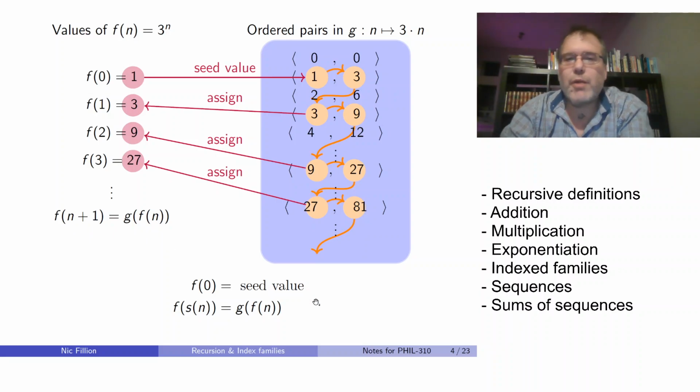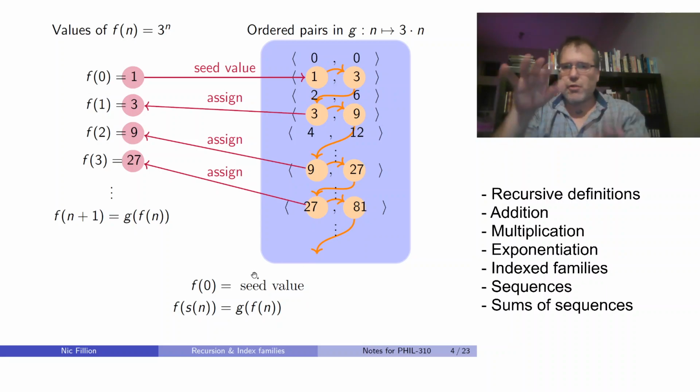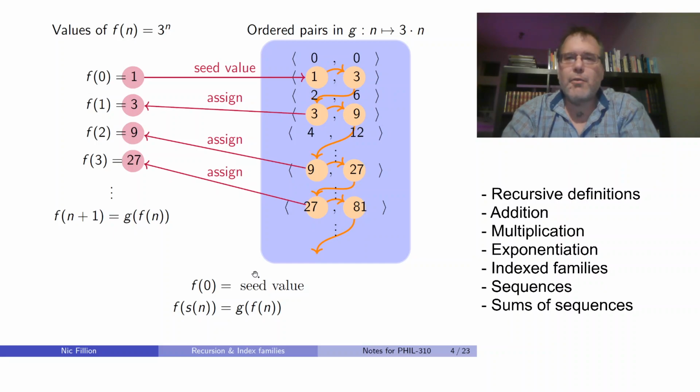So when we define a function recursively, we're going to have the pattern that you see at the bottom of the slide. F of 0, the function I'm trying to define, is going to be equal to a seed value. Now, for this whole process to work, what I have is a function that I'm trying to define, f of n. But of course, I'm trying to define it in terms of that function, which is on the right-hand side here.